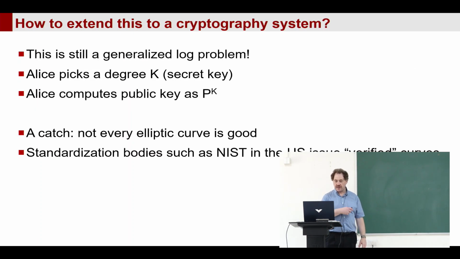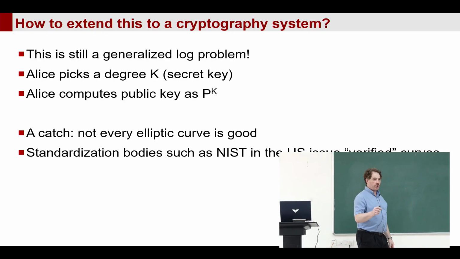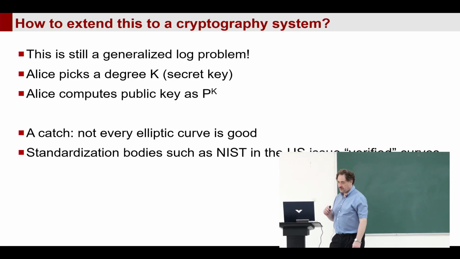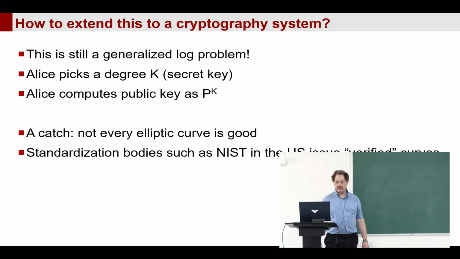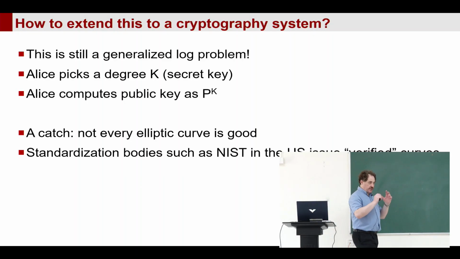Now, how can we extend this to a cryptographic system? We are still working with a generalized discrete log problem. However, instead of working with natural numbers, we are now working with elliptic curves to compute the multiplication in the logarithm. How to do it? Alice still picks a degree, which is a secret key. And Alice takes some well-known elliptic curve.